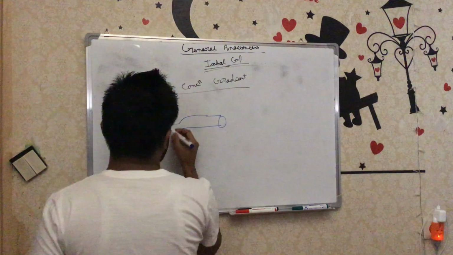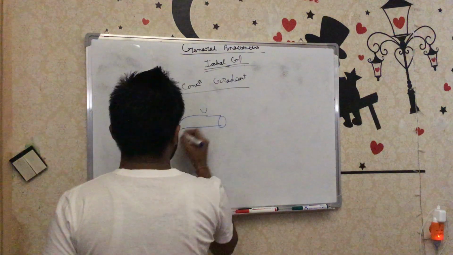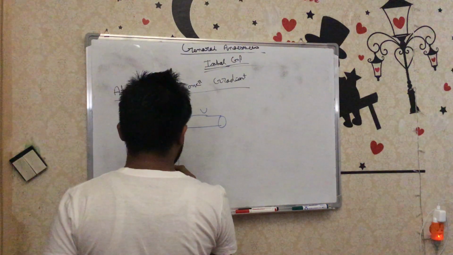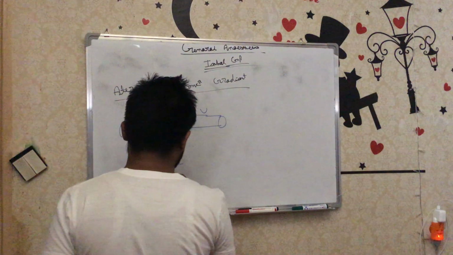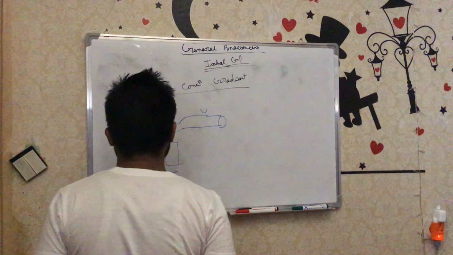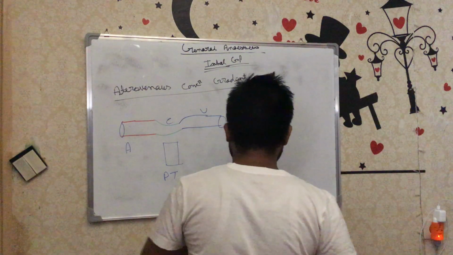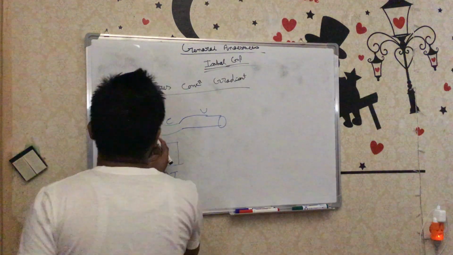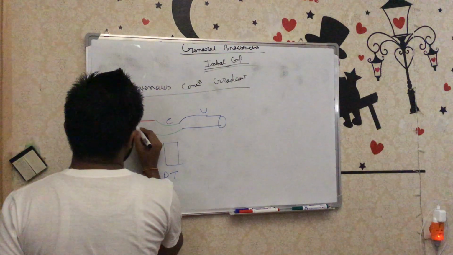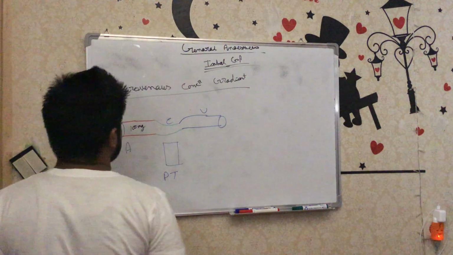Artery, capillary, vein, and here the peripheral tissue. Just for understanding, let's take 100 mg of an anesthetic drug.